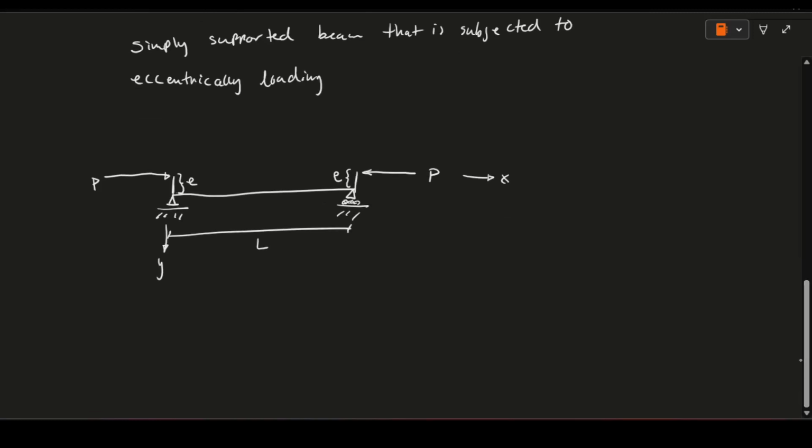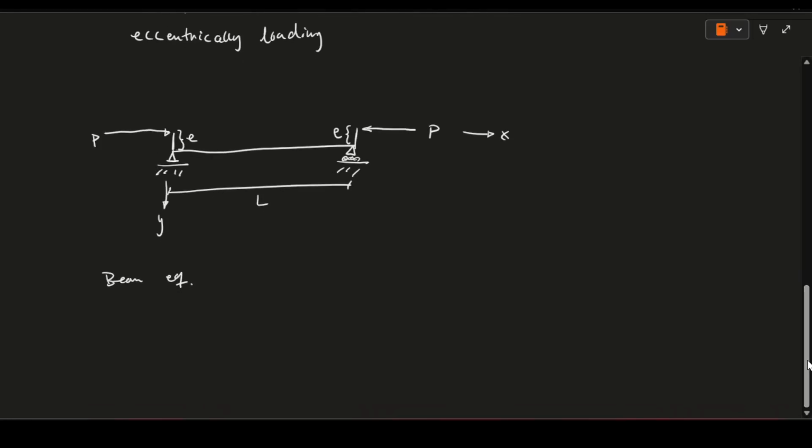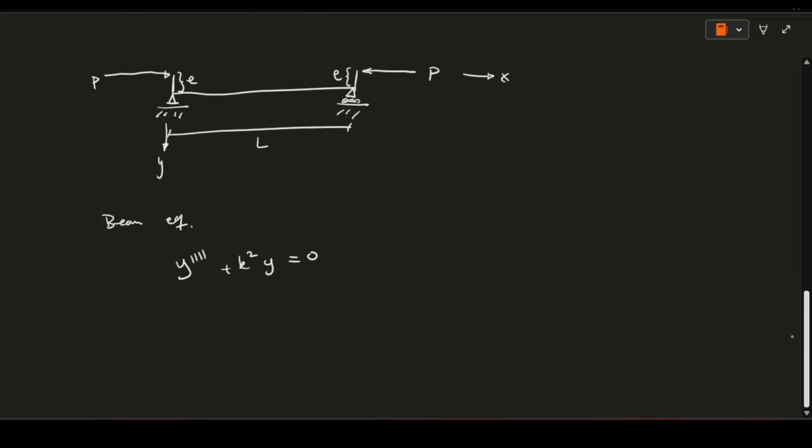So we can use the beam equation. And we know for compressively loaded beams that we have the equation: the fourth derivative of y plus k squared y equals 0. We have some boundary conditions.